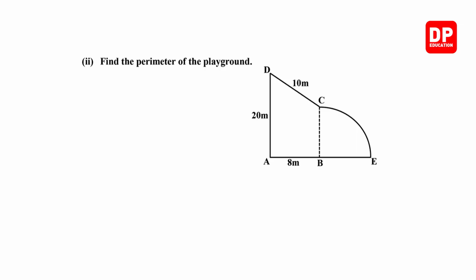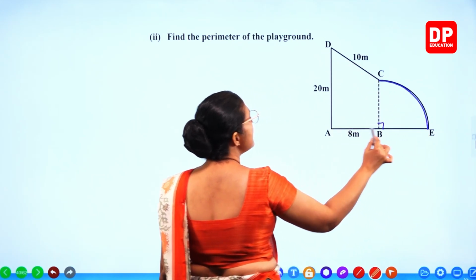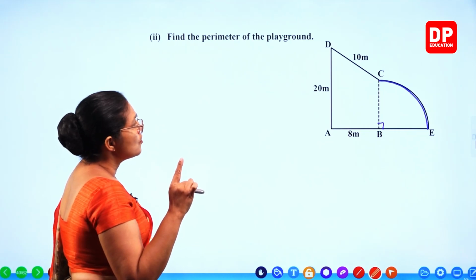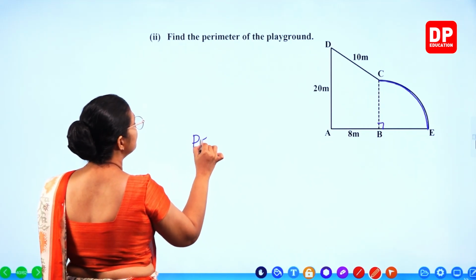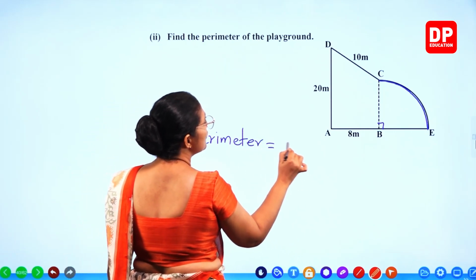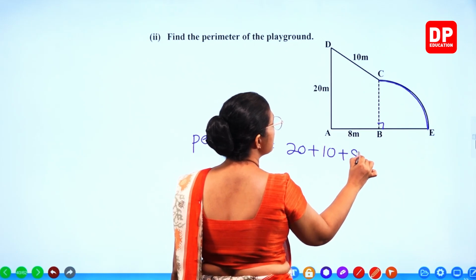Part 2, find the perimeter of the playground. So we have to find out this arc length first and then add all these lengths to find the perimeter. So what's the perimeter? 20 plus 10 plus 8.